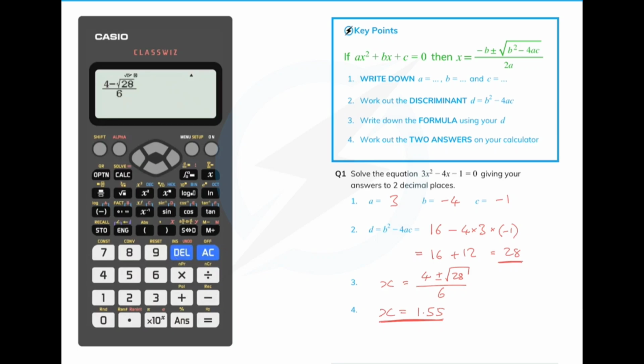And that now will give me the other answer, again in surd form, S to D button, and I get x equals minus 0.215. 5 is bigger than or equal to 5, and so we round up the second decimal place. Please do use this method, because if you put all those minus signs into a calculator, it's incredibly easy to make a mistake.